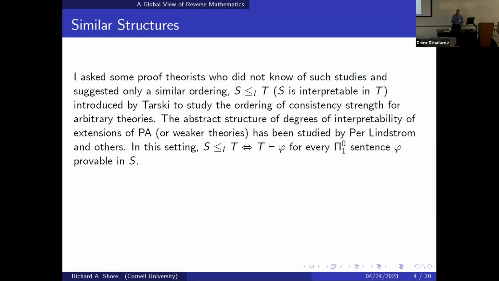That means what you might think it is, you want to work for theories in different languages. So you can't talk about one theory proving the sentences in another language. So you have a way of interpreting the structures or the sentences and transferring between the two.